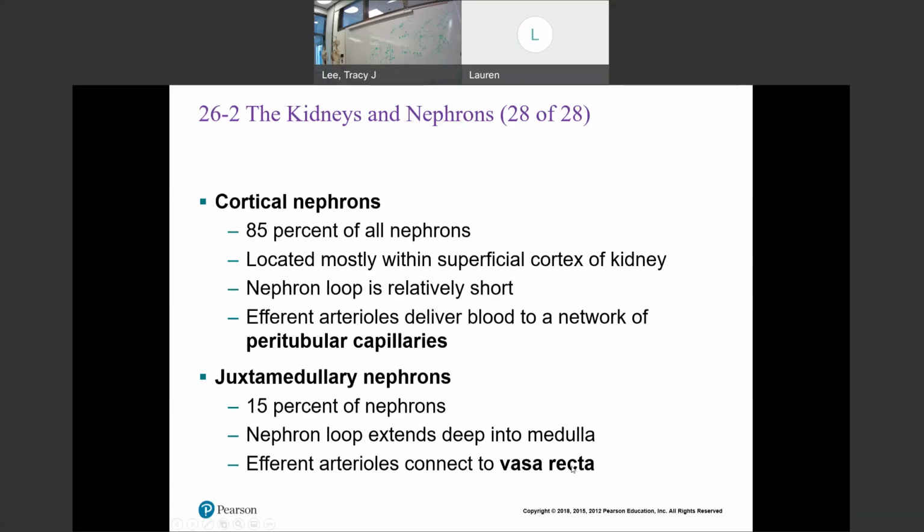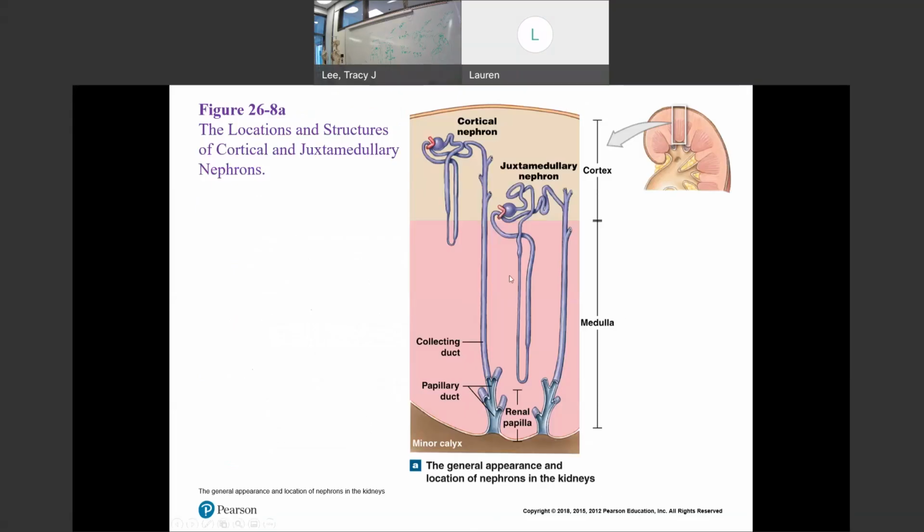This is only 15%. We said that the vasa recta kind of loops down here in the nephron tubules around the efferent vessels and the nephron tubules. The peritubular capillaries are the ones found up high. So if I was looking at a vasa recta, I'd see them kind of along in here.